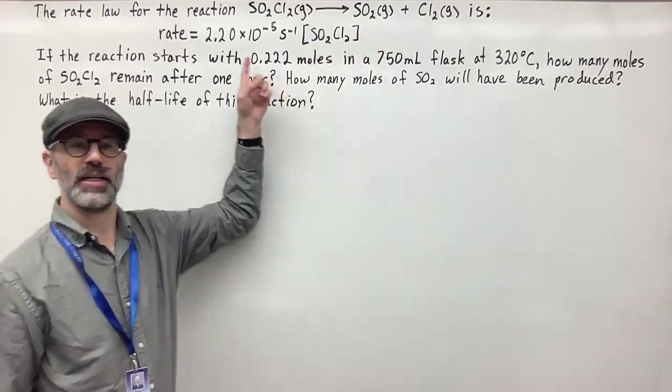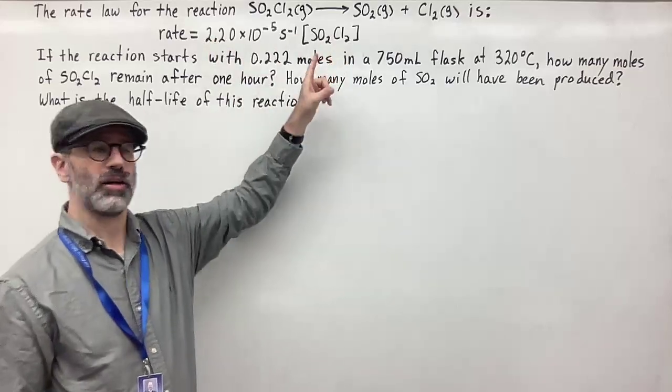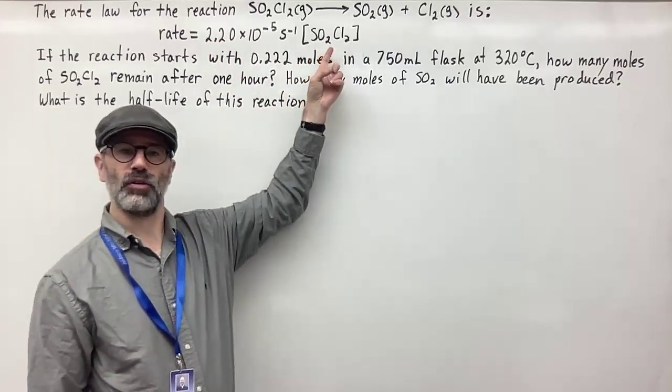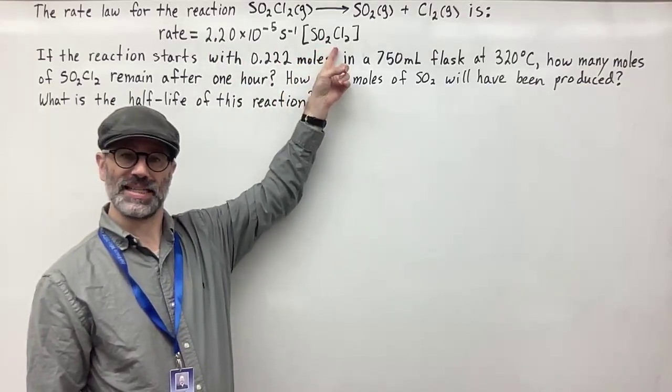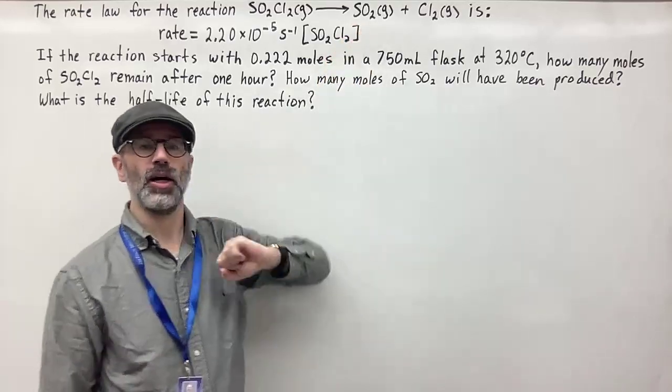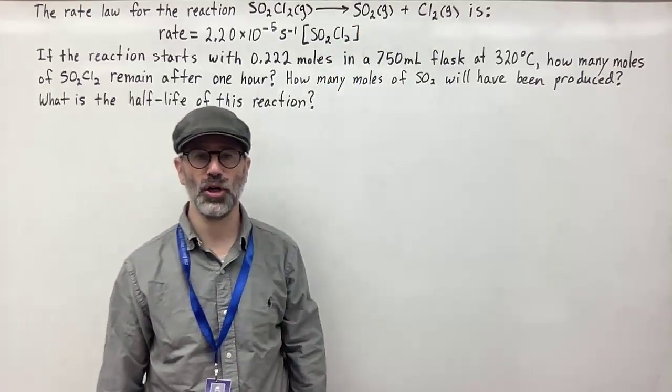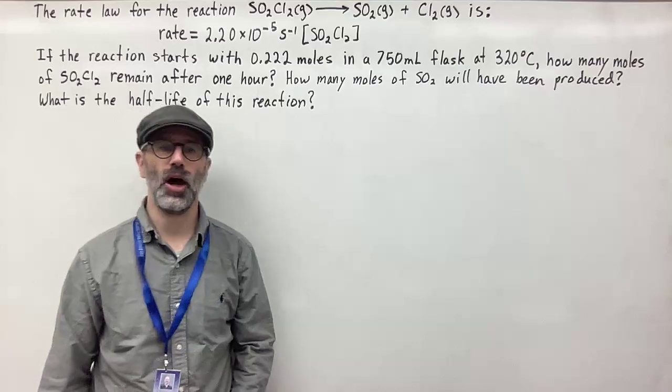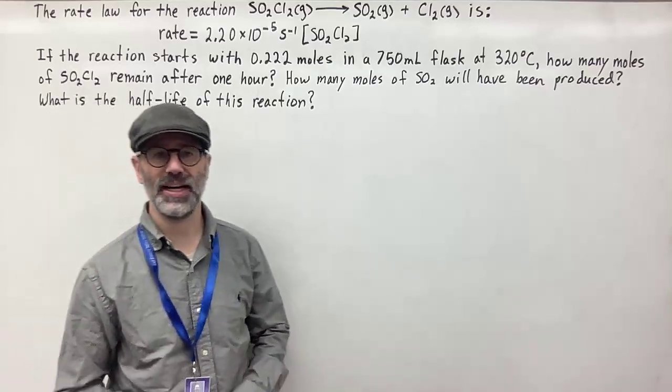So right away we can see from the rate law that the only thing involved is the concentration of SO2Cl2, and it's to the power of 1, which makes this a first order rate law. So it's got first order kinetics.